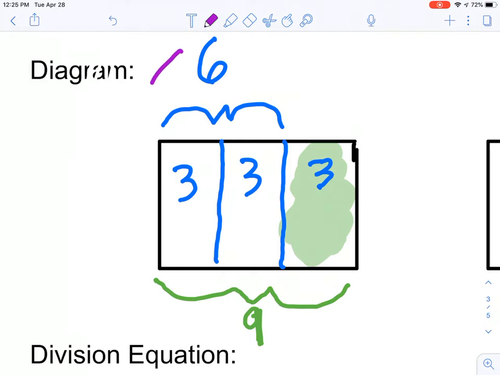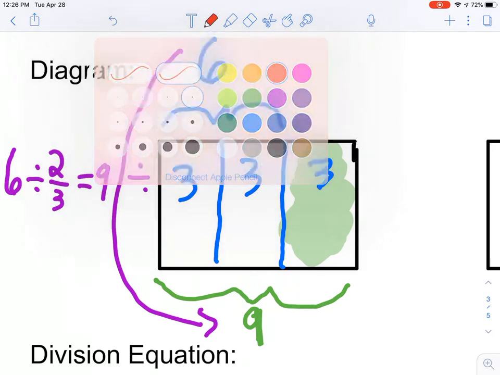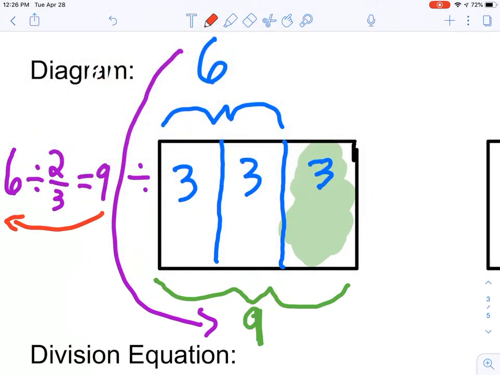Remember, in division we go from the top to the bottom, okay? And that means that 6 divided by 2/3, because that's what we started off with, equals 9. Or, going the other way around for multiplication, the inverse, 9 times 2/3 equals 6. Okay, so hopefully you have an idea how to get started.